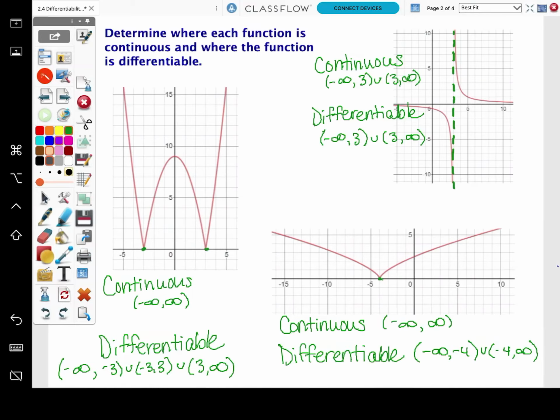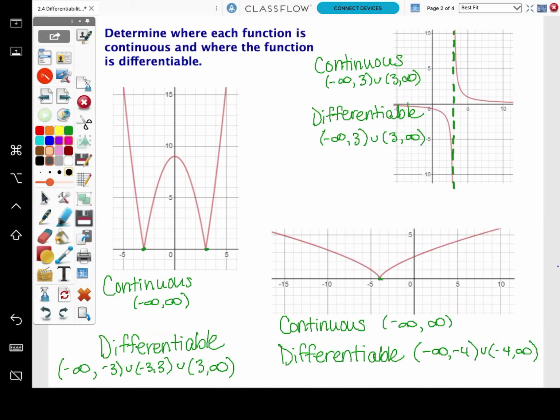But it is important that you know when to use parentheses, when to use those hard brackets. So let me know if you have questions on that. And this one happens to be differentiable everywhere that it is continuous as well. So everywhere along each branch of this really smooth looking function, we could have tangent lines. Everywhere along this graph, you see it's just very nice and smooth, no holes, gaps, jumps, or anything like that. No sharp turns. So that one, continuous and differentiable, same intervals.